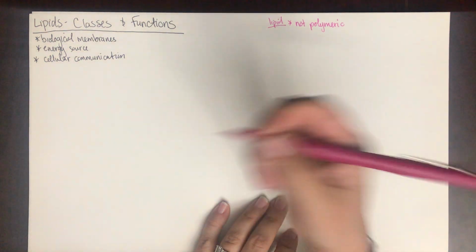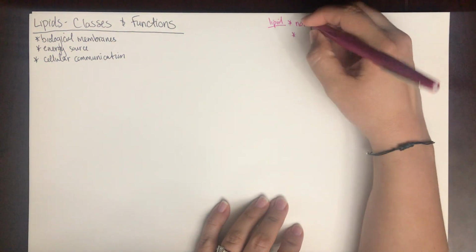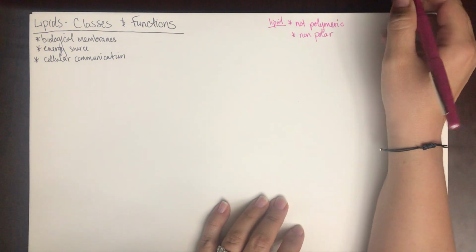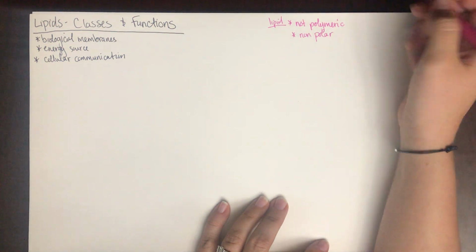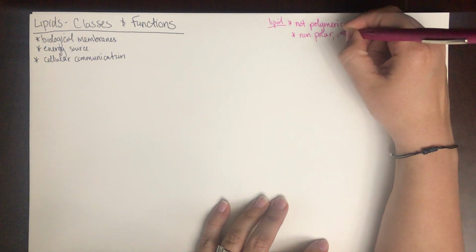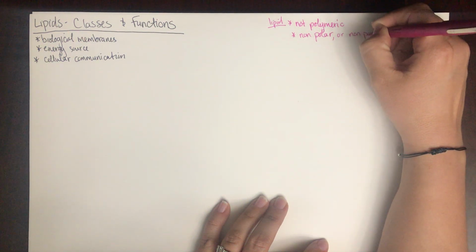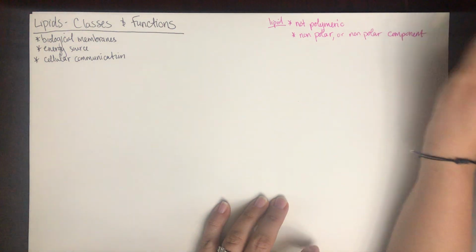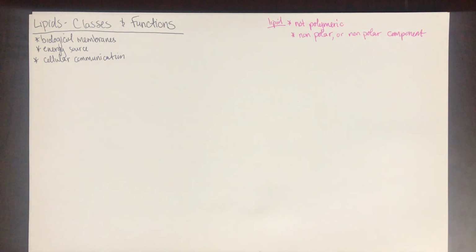One thing that is similar for all lipids is that they are non-polar, or they at least have a non-polar component. Meaning that they are not soluble in water. They are insoluble, which makes them good for biological membranes.